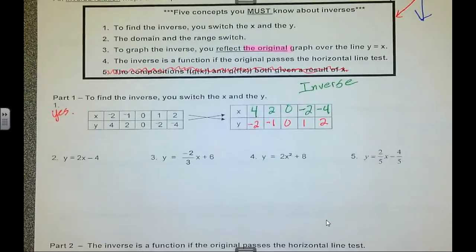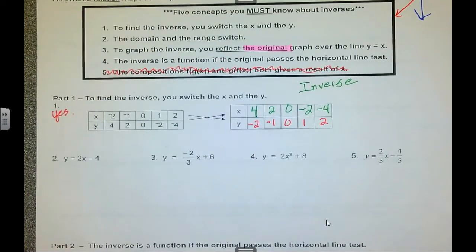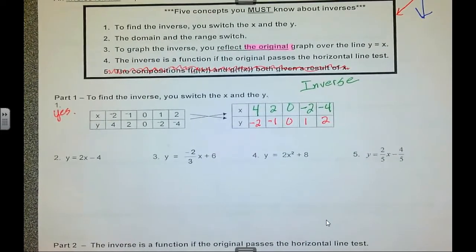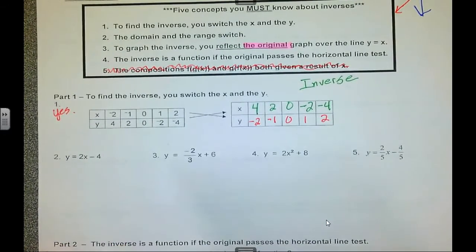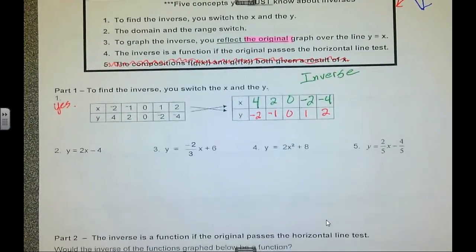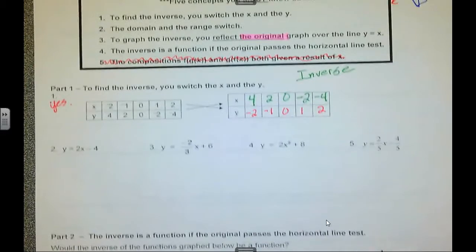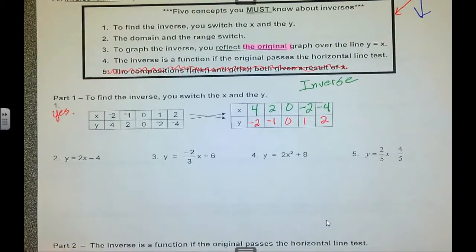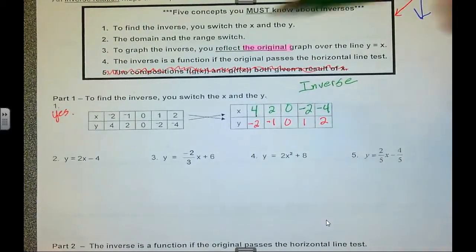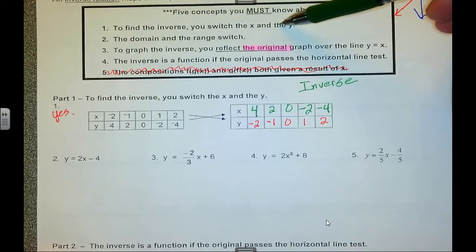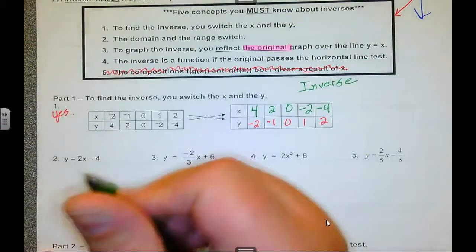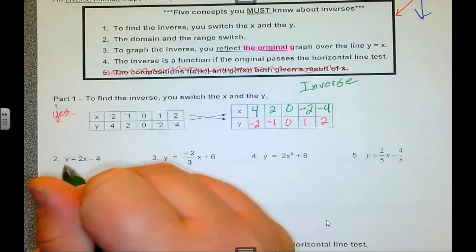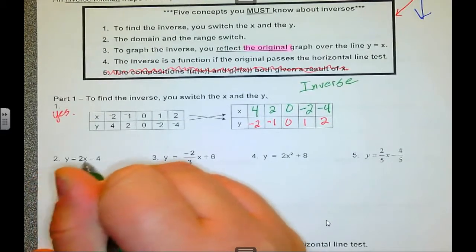All right, number 2. Now, we don't have a t-chart here or a chart, but we can find the inverse by switching the x and y still. Okay? For example, all I have to do here is switch the x and the y.